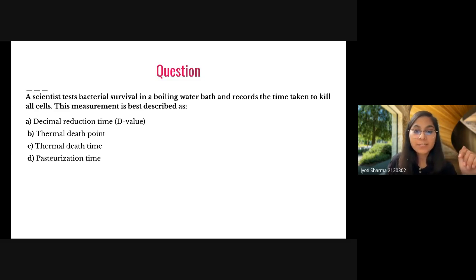So this measurement is best described as decimal reduction time, that is D value, thermal death point, thermal death time, or pasteurization time. So what do you think is the right answer for this? How much time we need to kill all cells that we have is known as what?